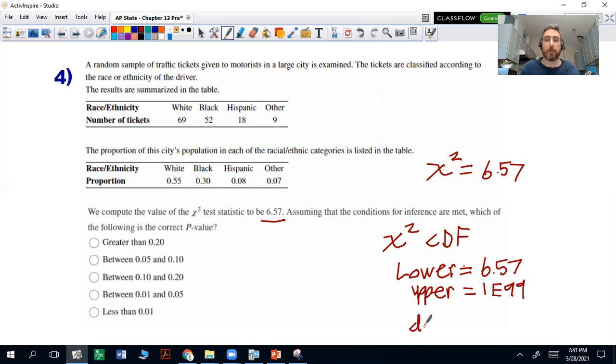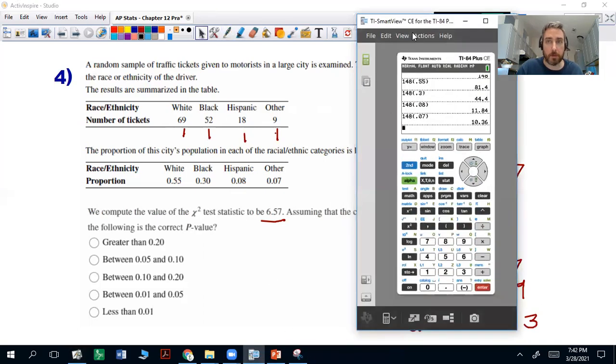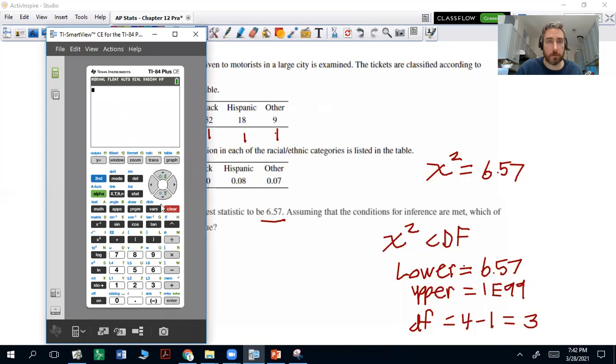And then the degrees of freedom is always going to be 1 less than the number of categories. Since there are 4 categories, you'll do 4 minus 1, which is 3. So let's get that first, and then we can get our p-value. Second VARS, option 8, lower 6.57, upper 1e99, and the degrees of freedom will be 3.